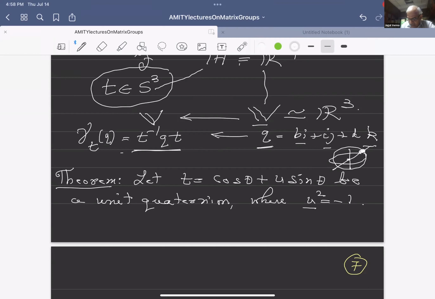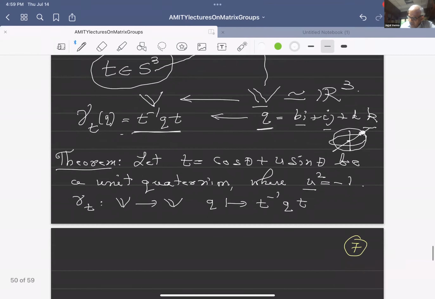So pick this unit quaternion where U is a purely imaginary unit quaternion. Then this gives rise to a map gamma T on the space of purely imaginary quaternions, and this map sends Q to T inverse QT. So it's a conjugation action on this three-dimensional subspace.